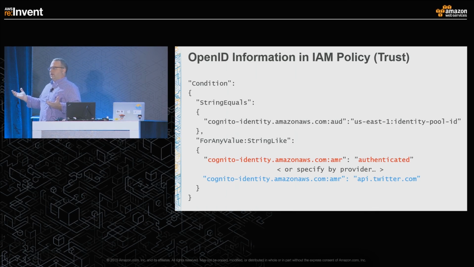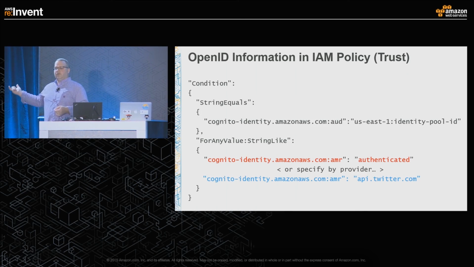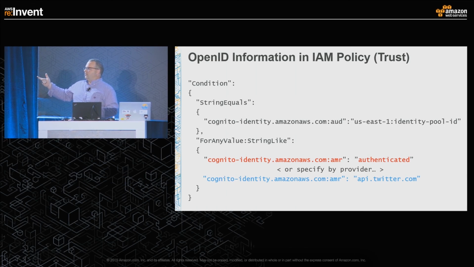So it doesn't matter who authenticated it as long as it's authenticated. You could be more specific if you wanted to and say, I only want to do a hit on Twitter, or maybe Twitter and Facebook, or Twitter and Amazon. It's up to you. Moral of the story here is any of those fields that are in the body of that token is fair game for doing comparisons in your trust.